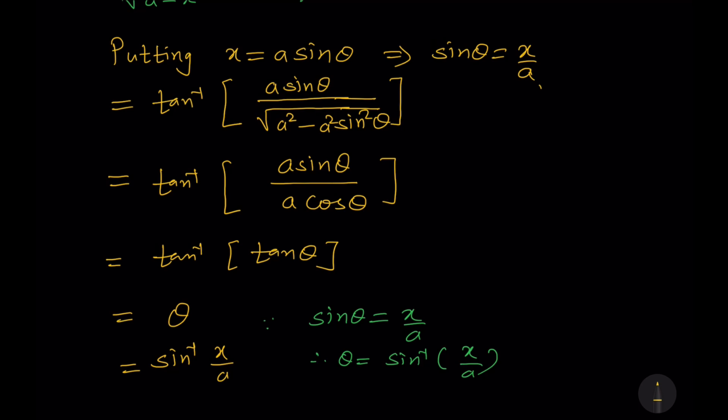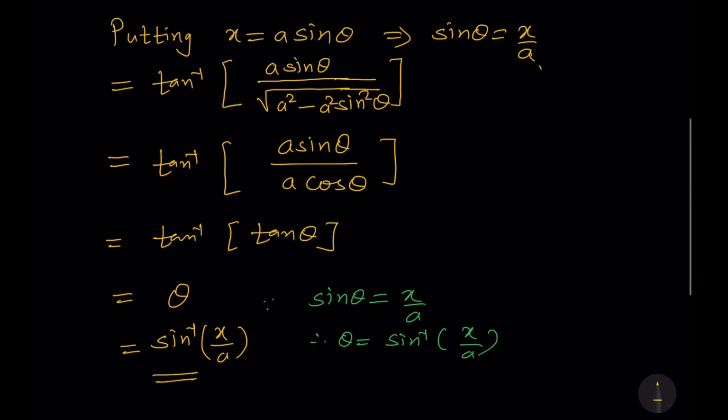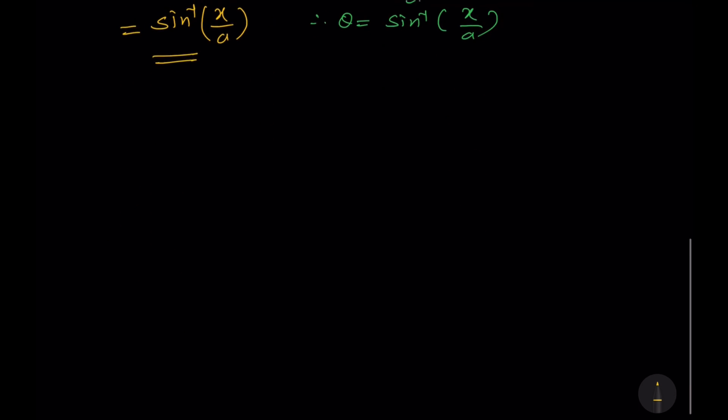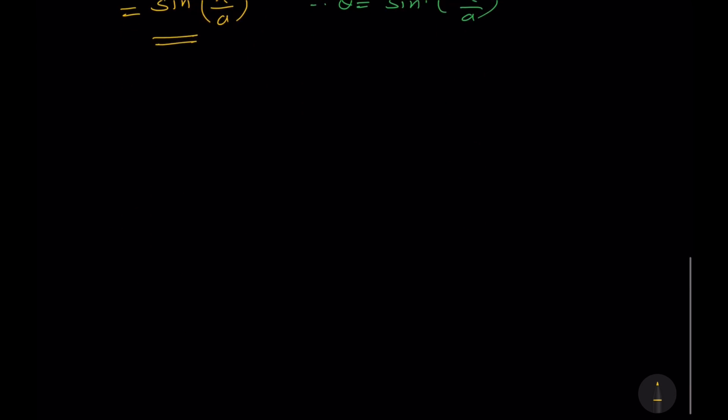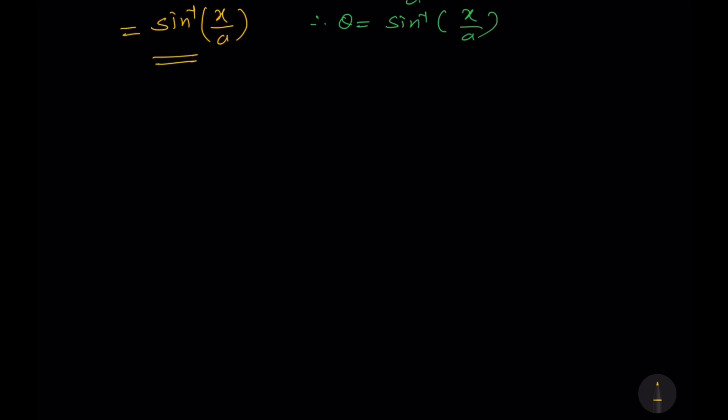So our final answer is theta replaced with sine inverse of x by a. This is the simplified form, sine inverse of x by a. Let's proceed with the next one.